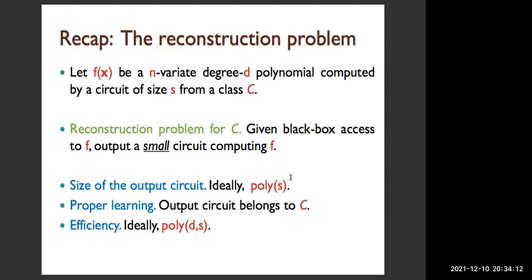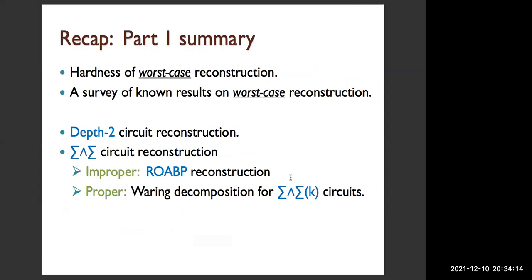variables, degree, and size. All right, and what we did in part one is we did a brief survey of known results on worst case complexity, and then saw a little bit of the details of sparse polynomial interpolation, which is depth 2 circuit reconstruction.